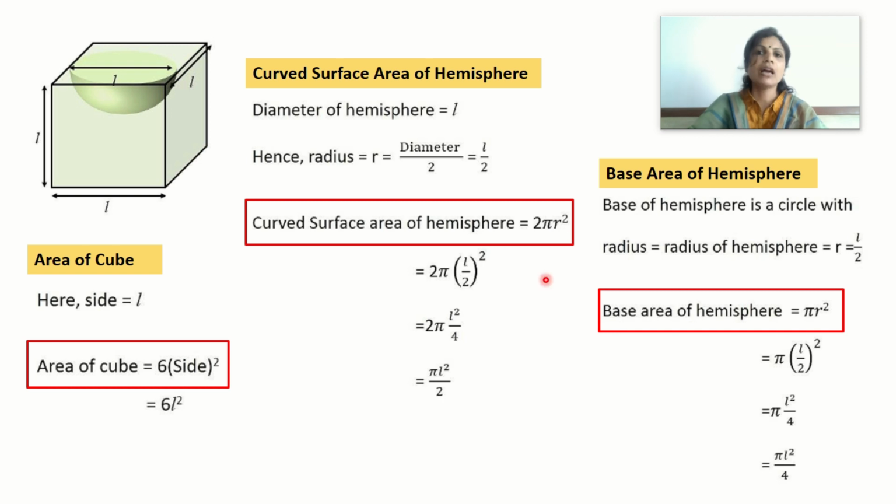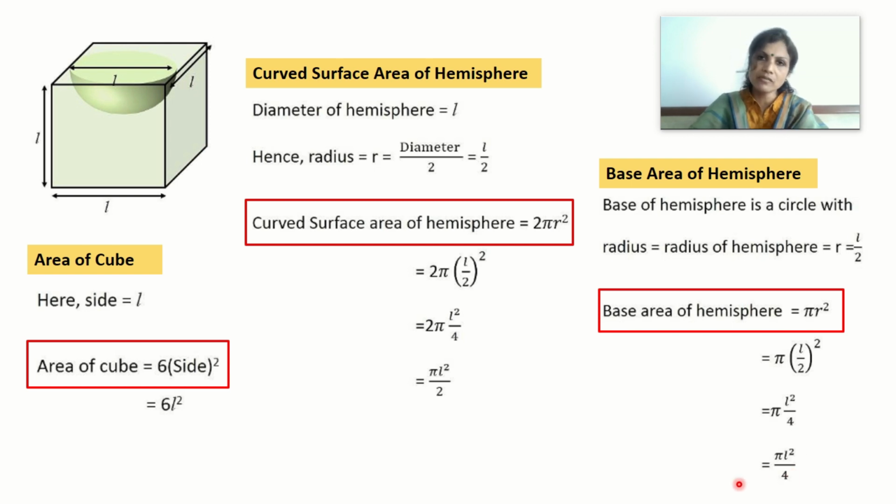Let's move ahead. We now have to find the base area of the hemisphere, which is equal to pi r square. So pi into r square will be L upon 2 the whole square. So we get pi L square upon 4. That is the base area of the hemisphere. Now we have calculated all three areas.